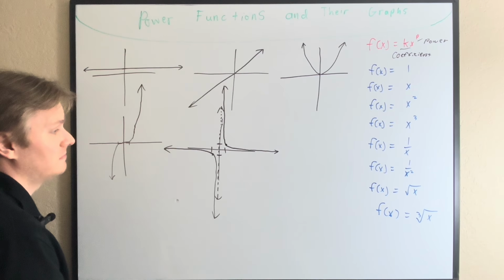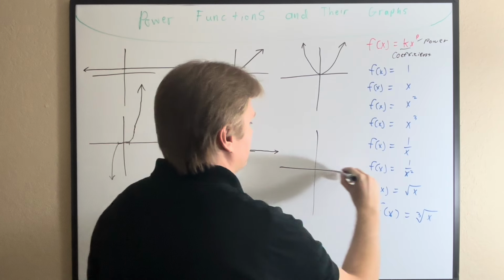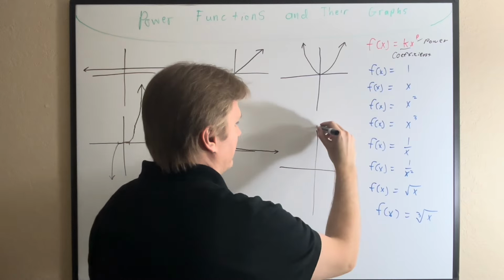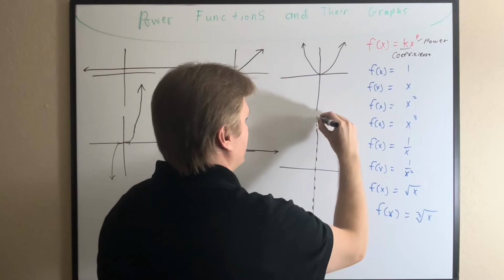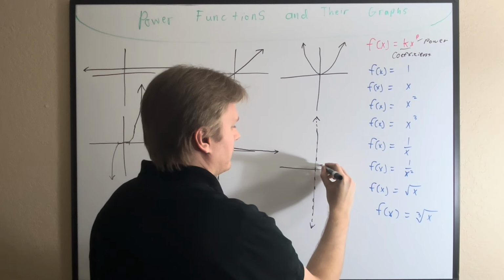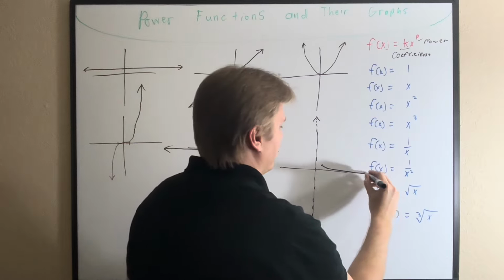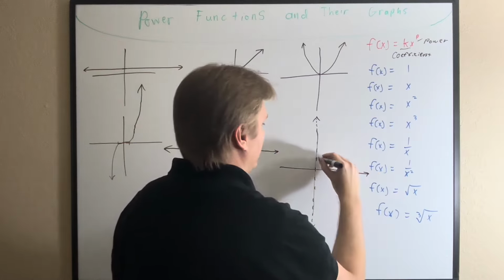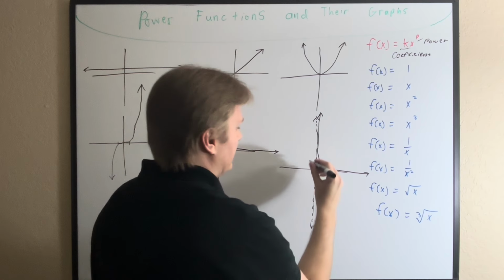1 over x squared. What would that do? Well, still can't have 0, but something changes here. It goes a little faster, but still makes pretty much the same shape there.